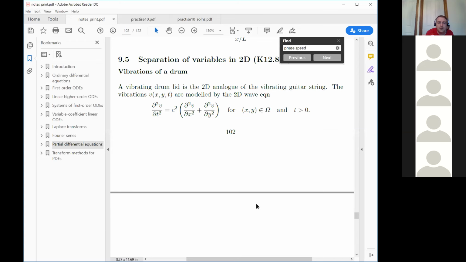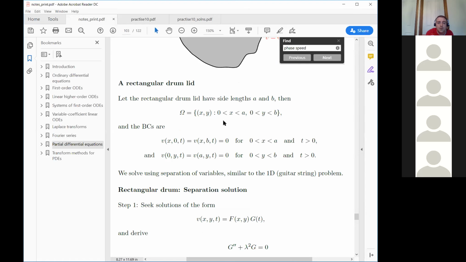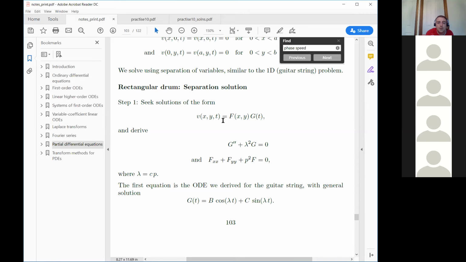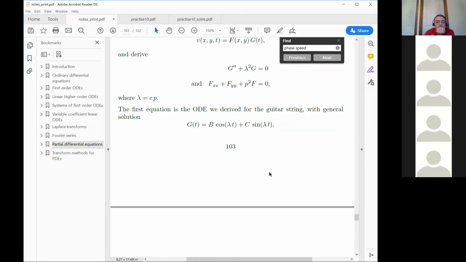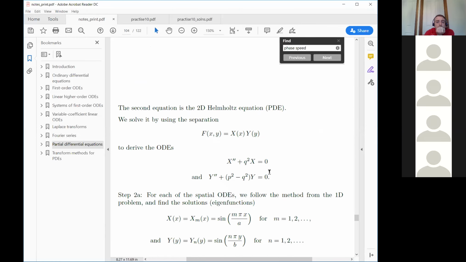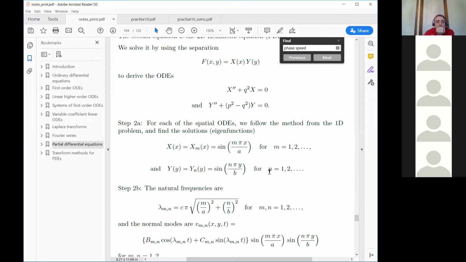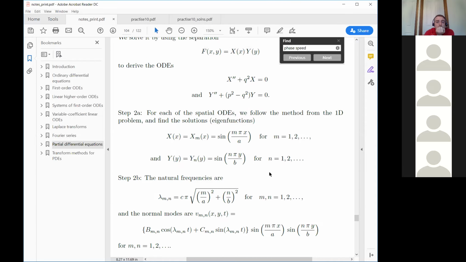And then there's this 2D one, that has several right. What a weird thing. Wow.